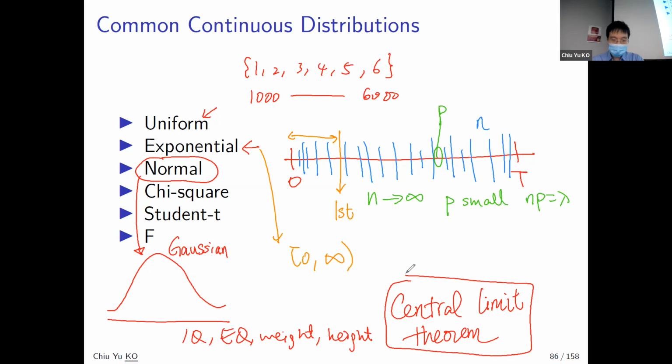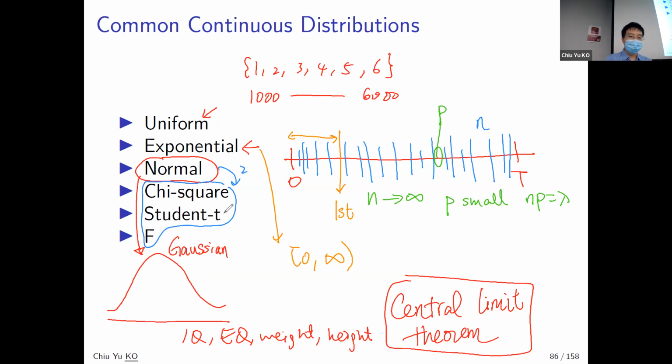Probably you ask whether there is something beyond it, and why I say we don't learn more than the bell curve. It is because the others are just some change to the bell curve. Later you will see that when you take a normal random variable and square it, you get a chi-square.